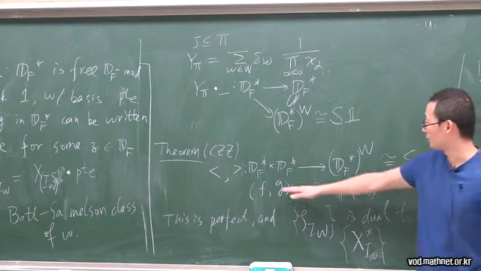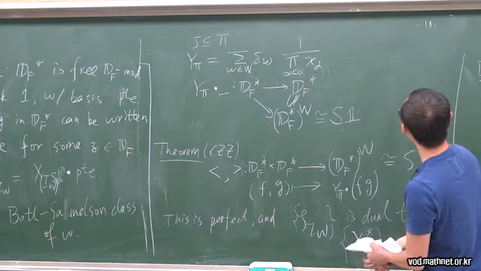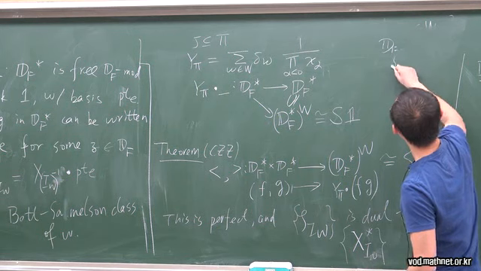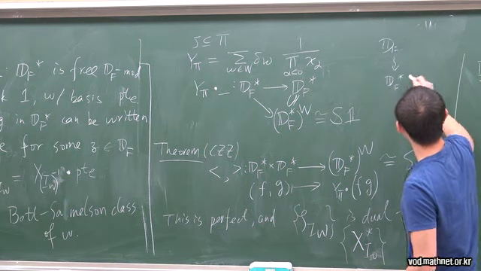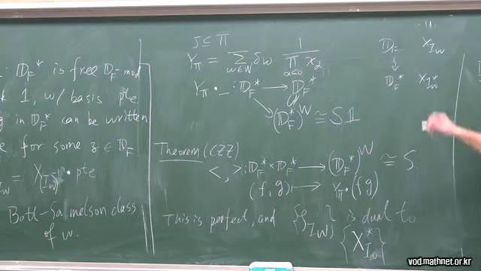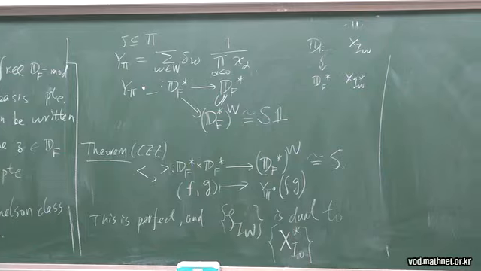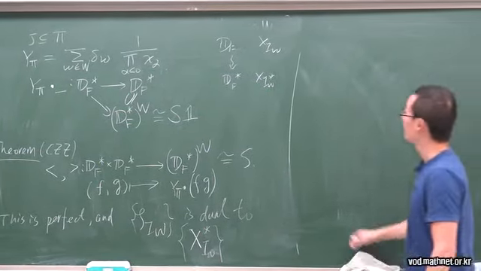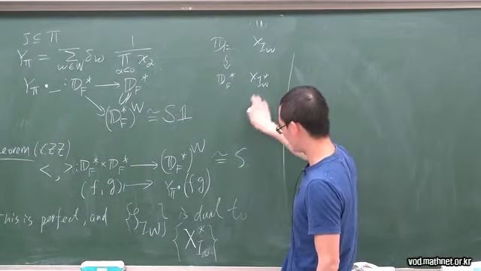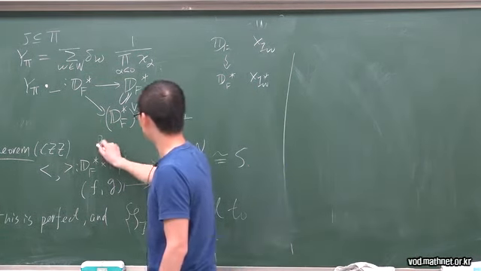This dual is dual via this pairing, and this star comes from the fact that if you have a basis of a vector space, then there's a basis for the dual space given by the dual basis. So that's why you define this Xi sub W star, and this is dual to that one. That's the concrete dual basis by duality.